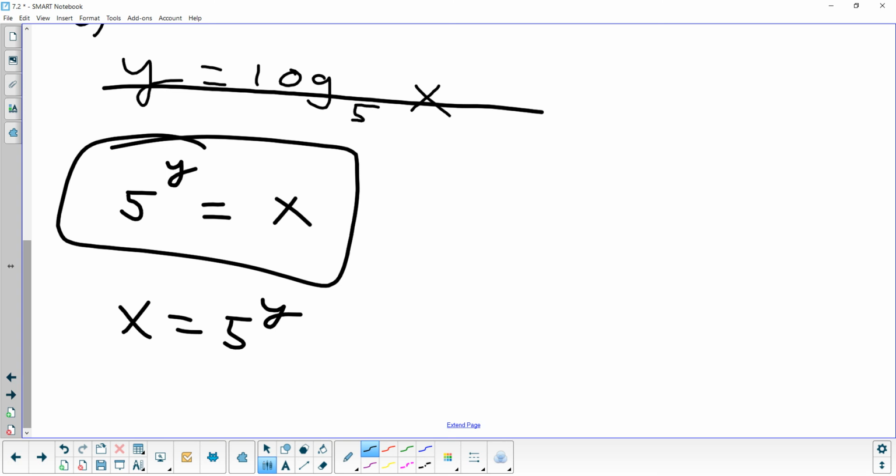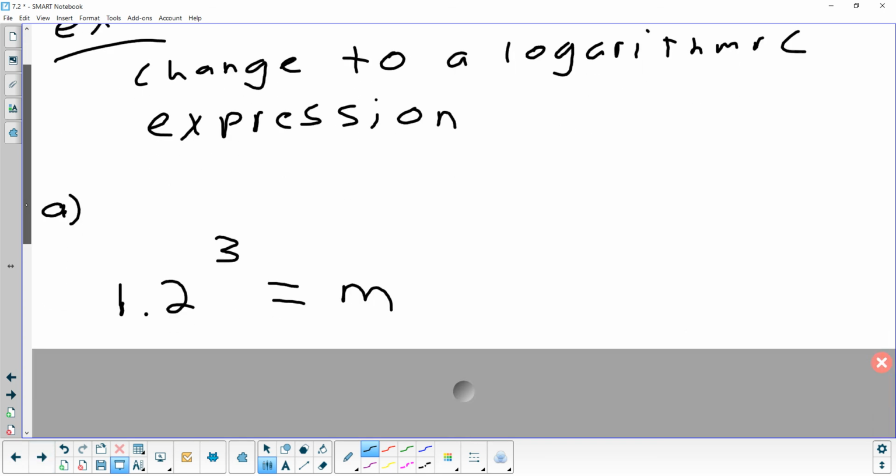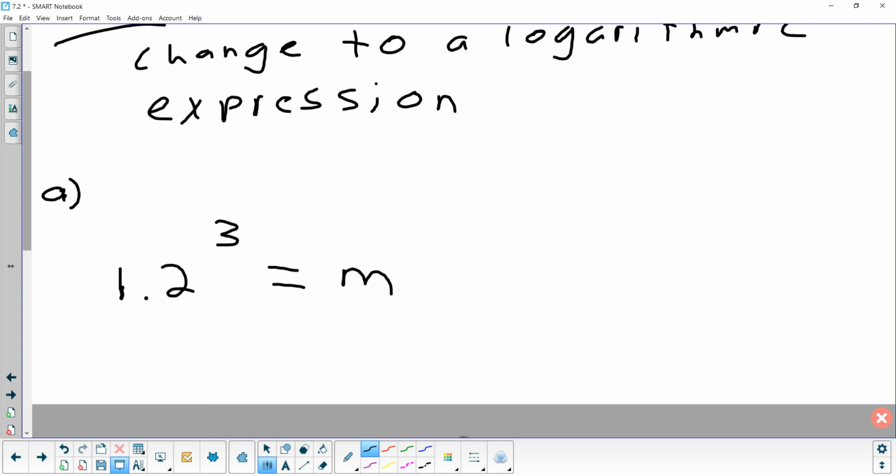All right, so that's changing to exponential. Let's try the other way, changing to log. Okay, Raymond, if I'm going to change to log, the log version, what do you think I have to write down first? Even before that, what's the key thing you can notice and say, oh, that must be log form?